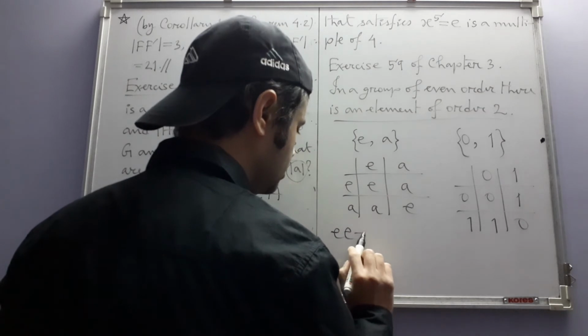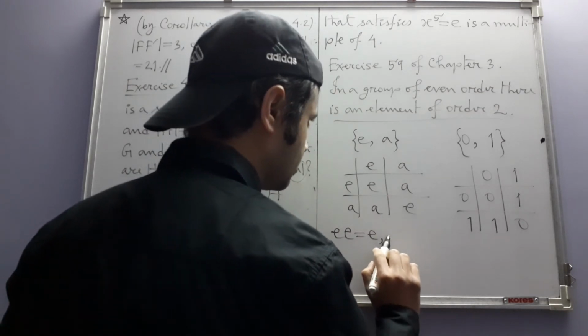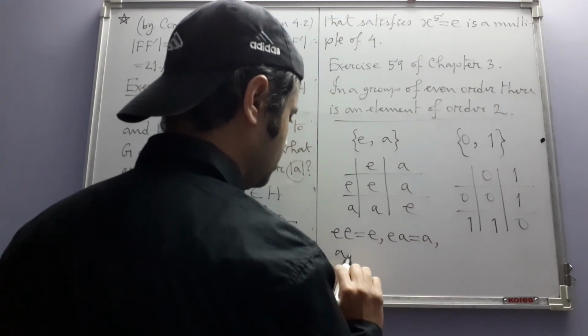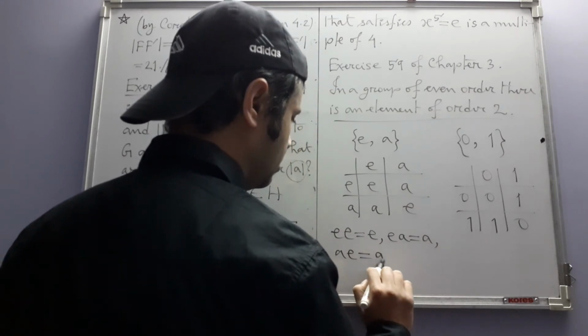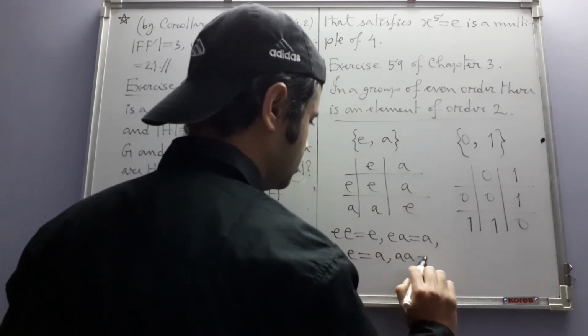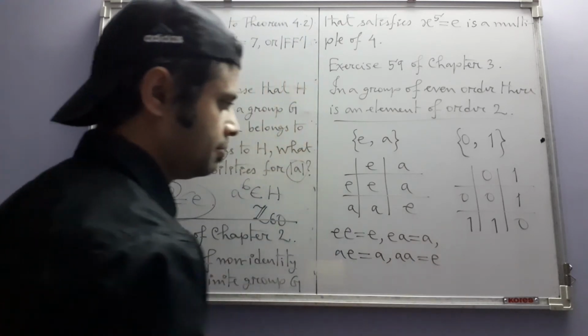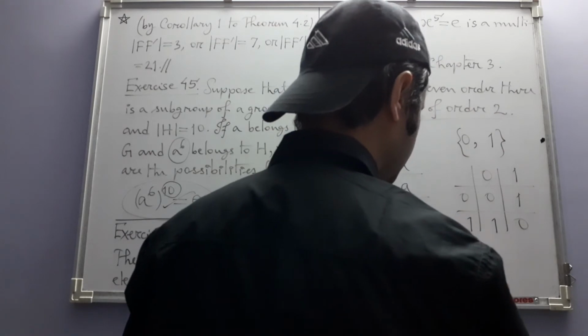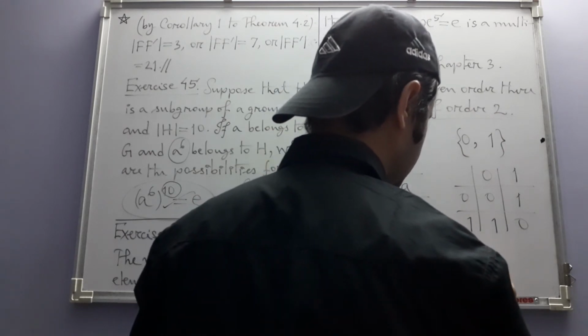EE is E, EA is A, AE is A, and AA is E. In this group the operations look like this.